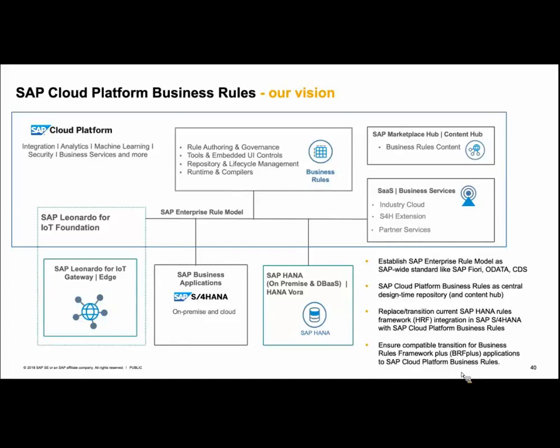This is achieved using SAP Cloud Platform Business Rules, where we give you one authoring and governing tool and one tool to maintain your lifecycle and repository artifacts. What doesn't change is the runtimes, which means from SAP Cloud Platform Business Rules, you can directly deploy your artifacts to SAP HANA, to your S4HANA on-premise, and with the 18.11 release, you will also get it for S4HANA on cloud, and also together with IoT things.